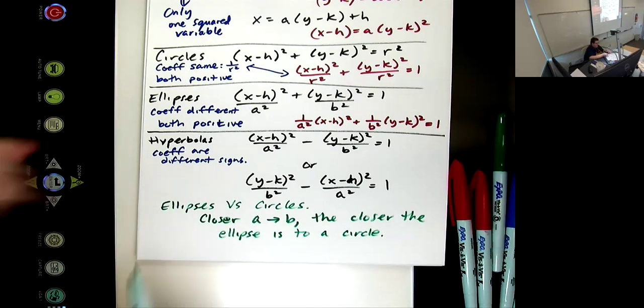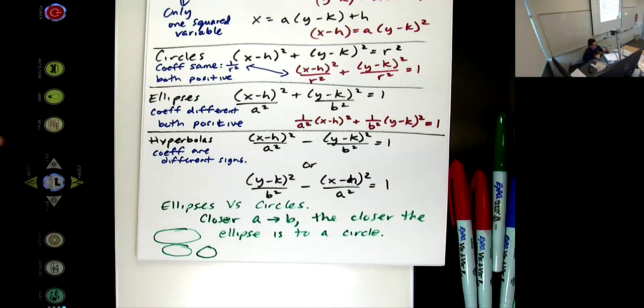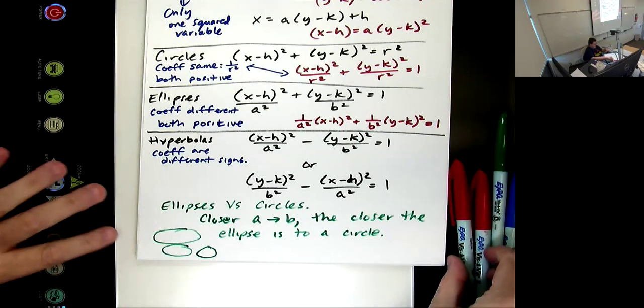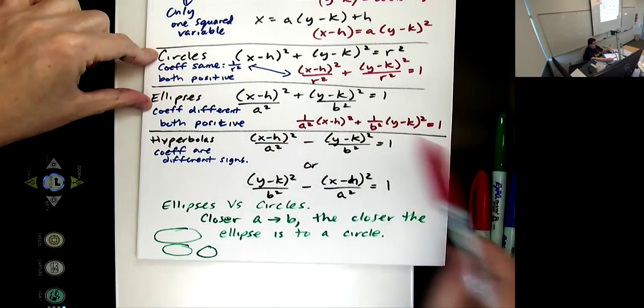You know, if it's just 1.2 this way and 1 up, from a distance you might not even notice it's not a circle. And we can see they're pretty close. Their equations are pretty close. The only difference is these denominators.